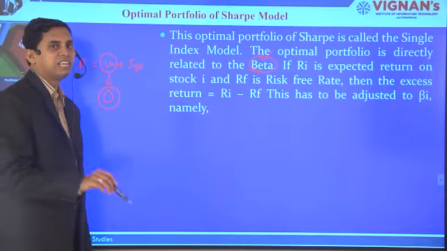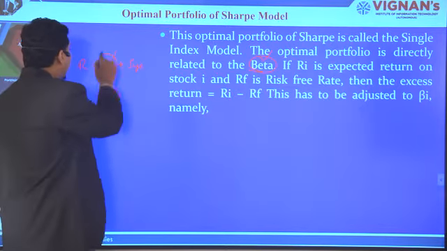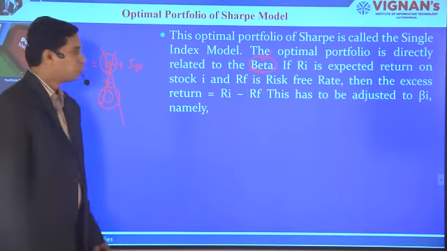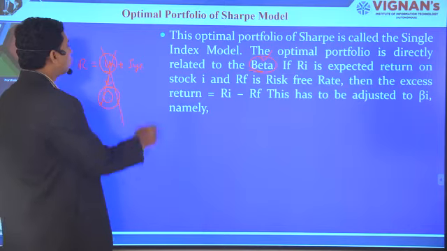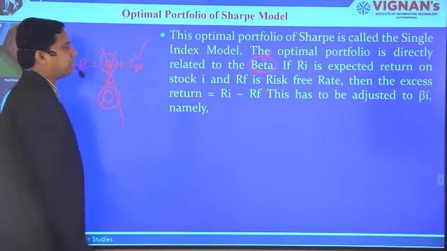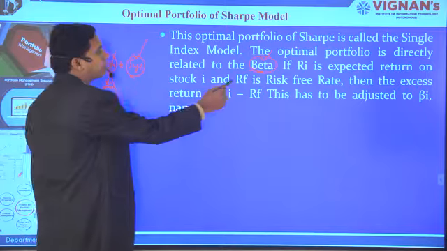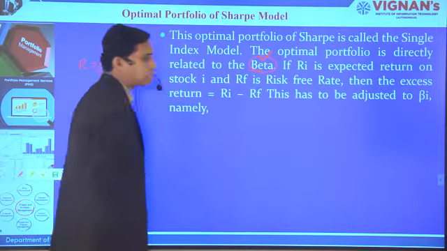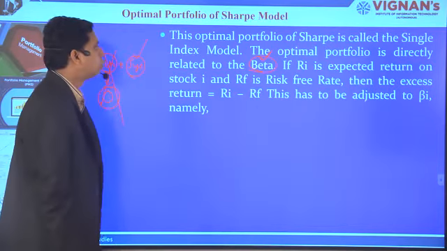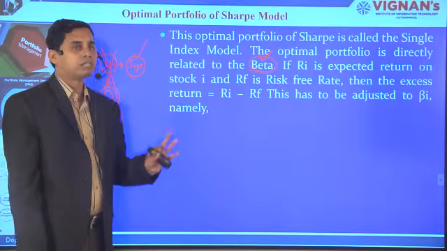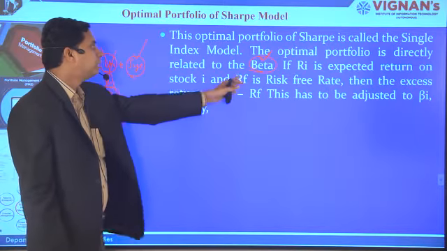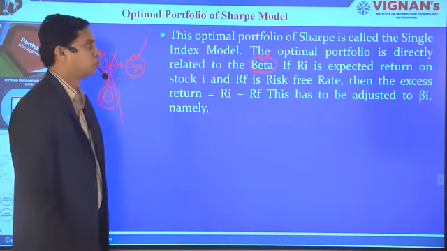When we are nullifying it, no unsystematic risk exists in the portfolio. So what is the remaining risk associated with the portfolio? It is systematic risk. That is the reason why only systematic risk is considered, which is nothing but beta. Systematic risk is measured by beta. So the optimal portfolio is directly related only to beta and no other risk in the portfolio.